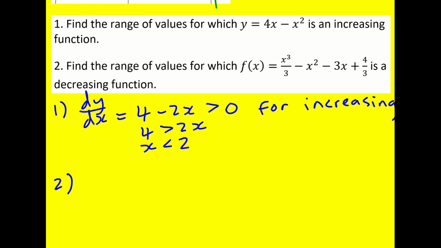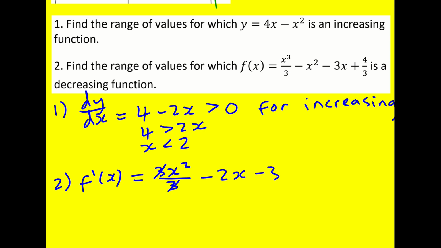Second question, similar sort of thing, but wait a minute, the notation's slightly different, so I'm going to use f dash x to represent the derivative, and then when I multiply by 3, that cancels out with the 3. If you're still working on your differentiation, you could write this and then think, yeah, it cancels, or you can go straight to the x squared. Then it's going to be minus 2x minus 3, and the constant disappears.